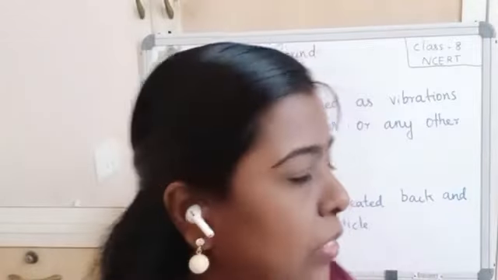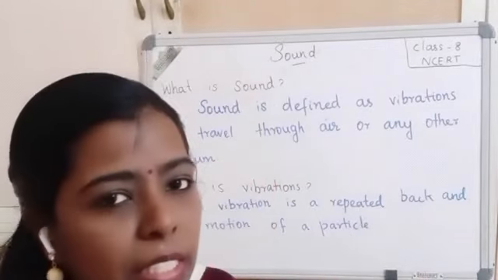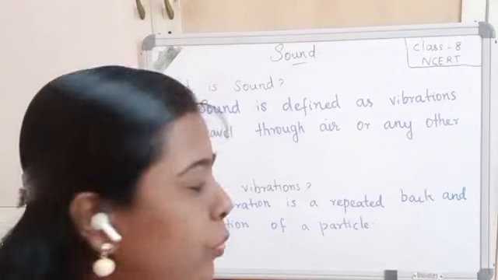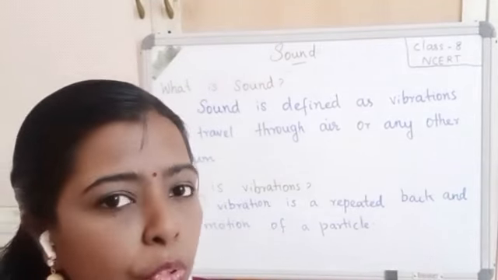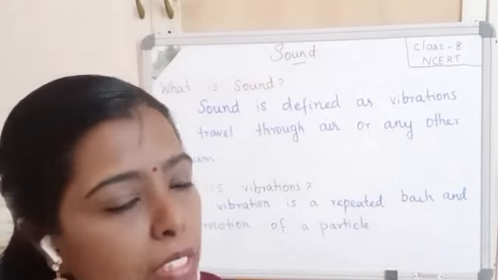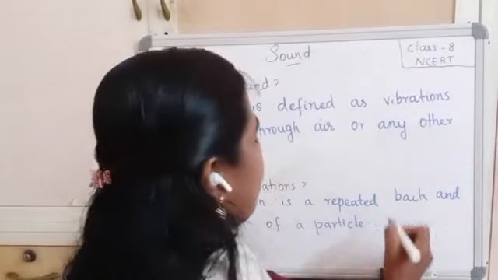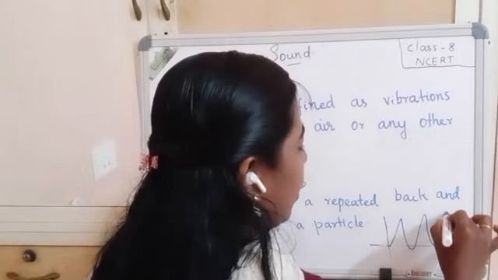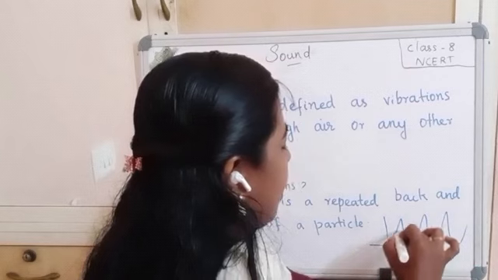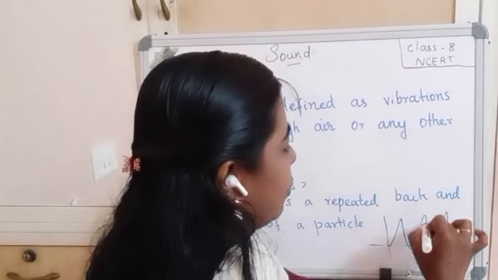What is a vibration? A vibration is a repeated back and forth motion of a particle, or the to and fro motion of an object. For example, it is a wave. This wave can travel like this. It is front and back, front and back.